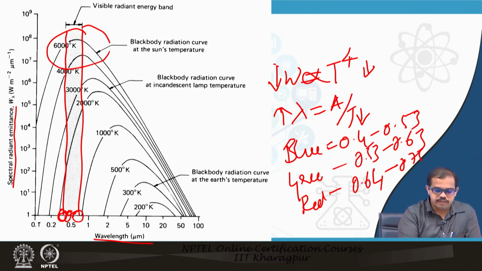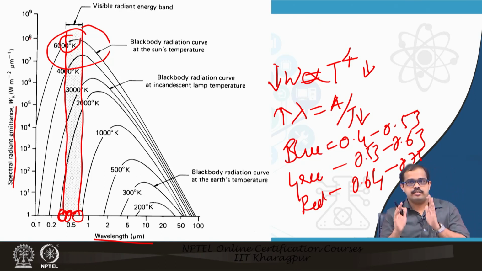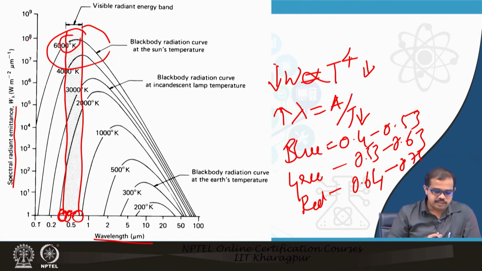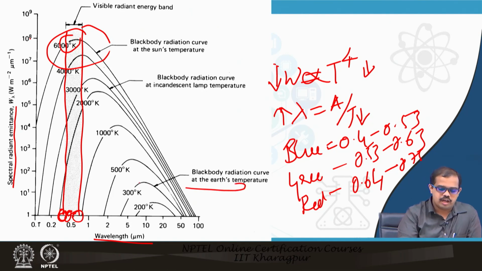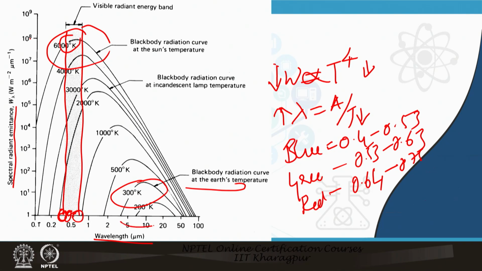The black body radiation of the sun is maximum at a temperature of 6000 degree Kelvin, and that is exactly where it falls on the visible region. When you look at Earth's temperature, black body radiation is about 300 degree Kelvin, where the emittance is much lower.